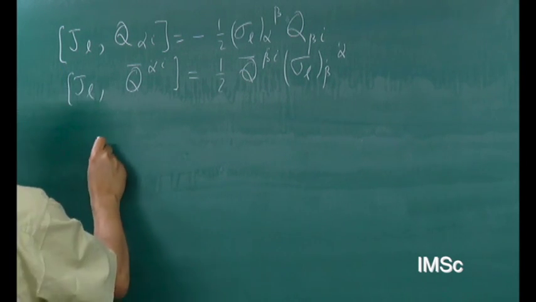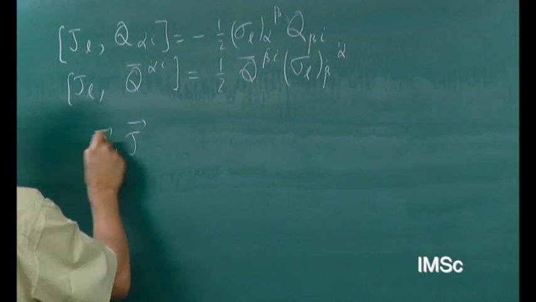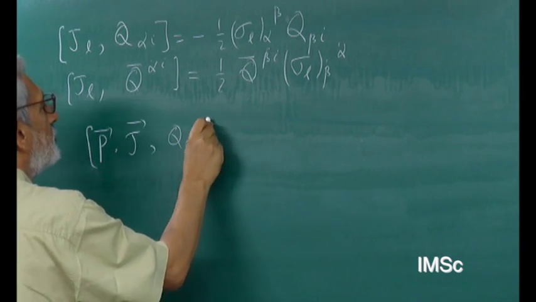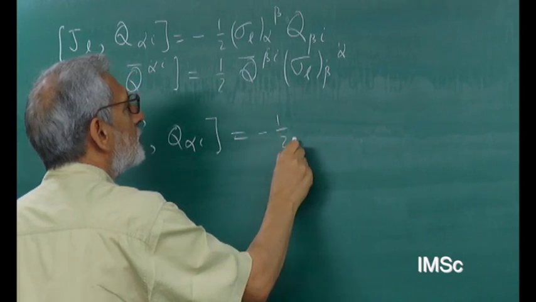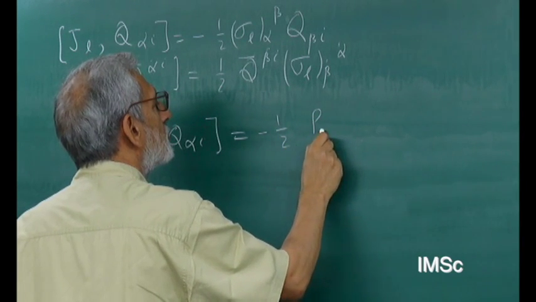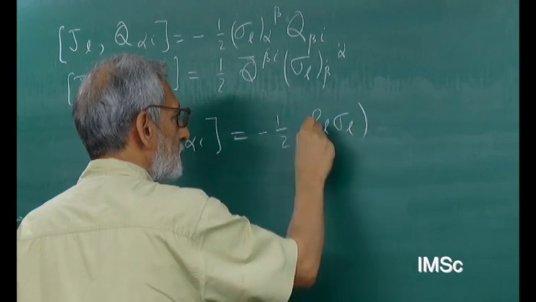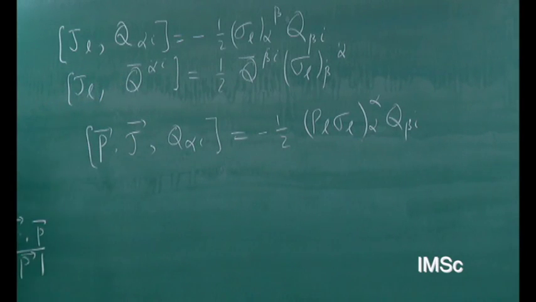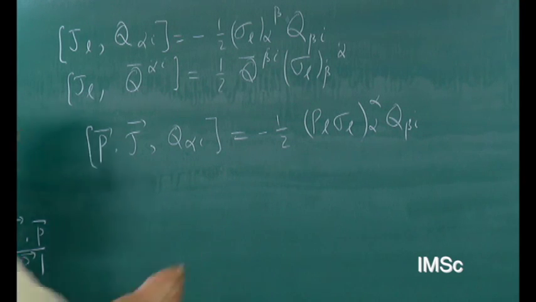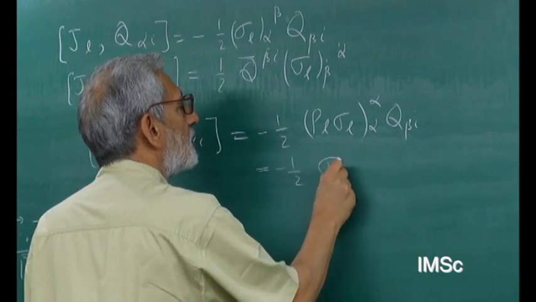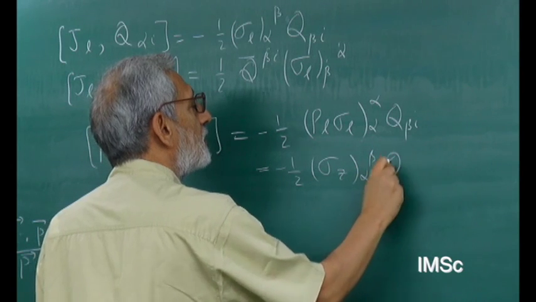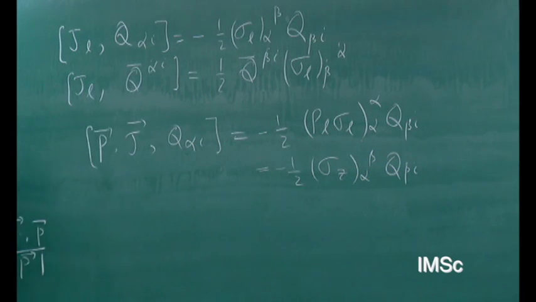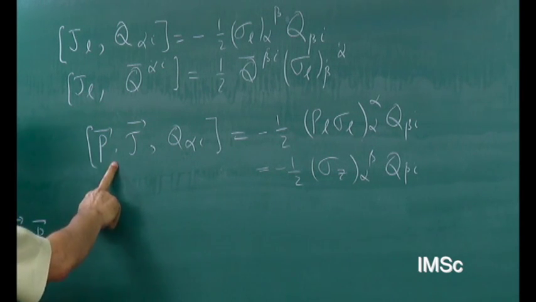So now if I contract this with the 3 momenta, and the 3 momenta that we have here has only z component, so it simply is minus half sigma z alpha beta Q beta I. And this object is W0.